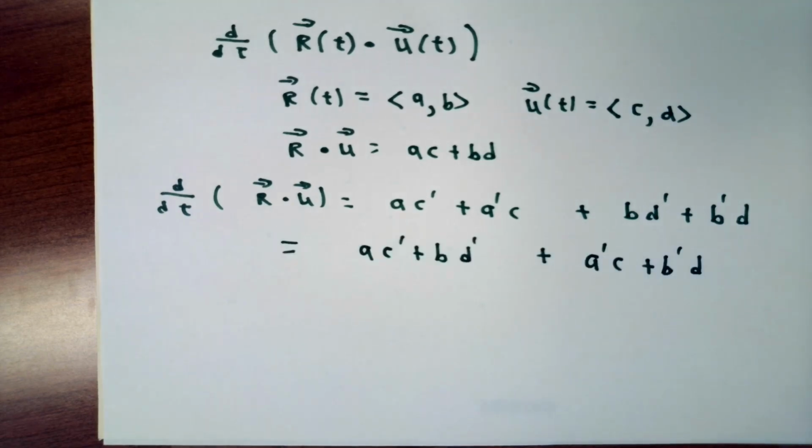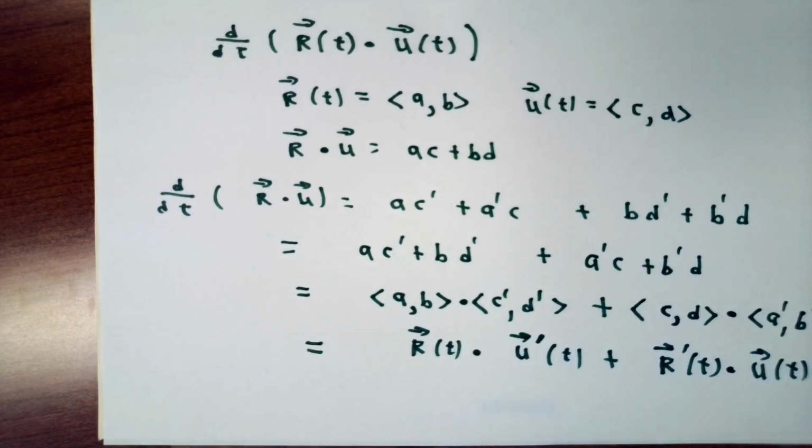If you look at the first 2 terms, that's the dot product of vector a, b with vector c prime, d prime. The second term is the dot product of the vector a prime, b prime with vector c, d. But that's equal to r dot u prime plus r prime dot u.